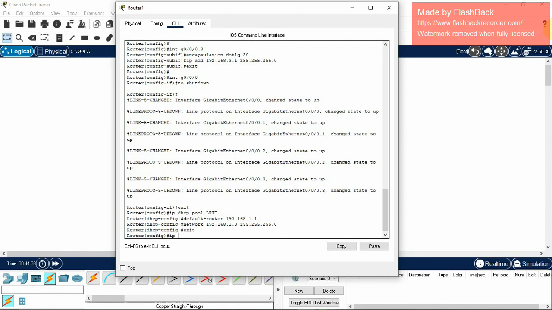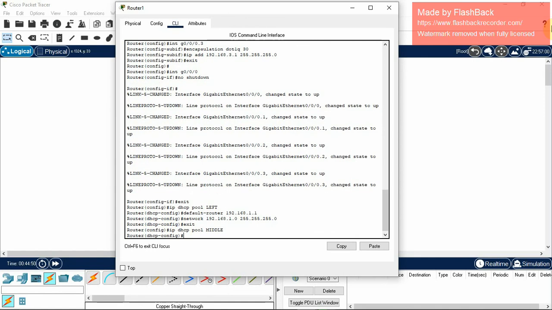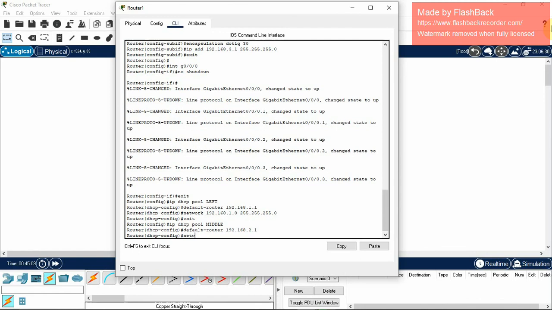So we'll issue ip dhcp pool middle, and then now the default router is 192.168.2.1, and the network which it represents is 192.168.2.0, and the subnet mask.